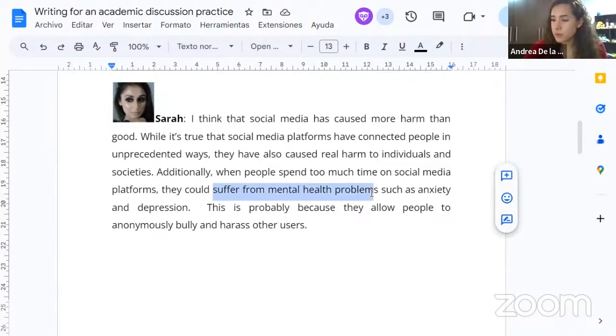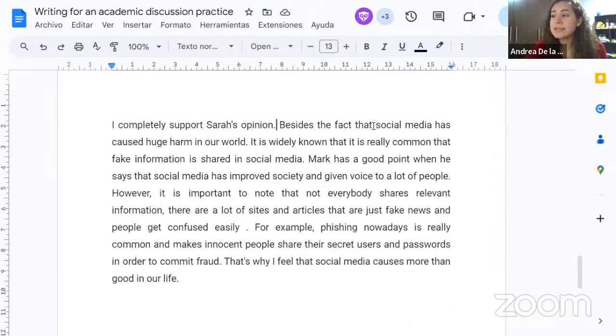That is her main reason. That is her main argument. So that is what you have to include in this second sentence. You would have to say, besides the fact that social media has made many people suffer from mental diseases, let's say. So that's what you have to do in this second part, okay?